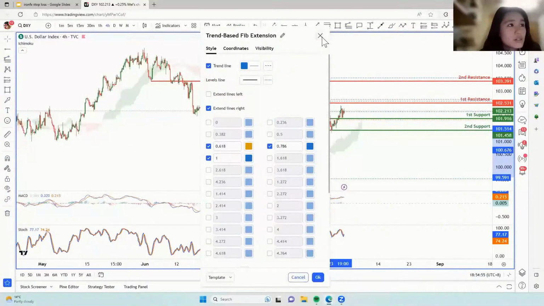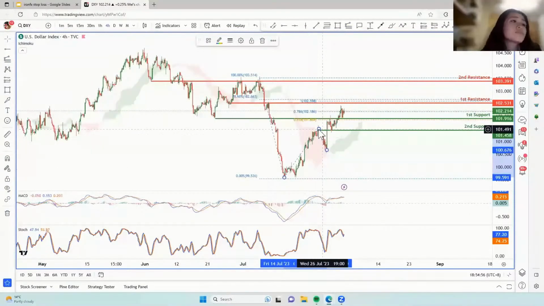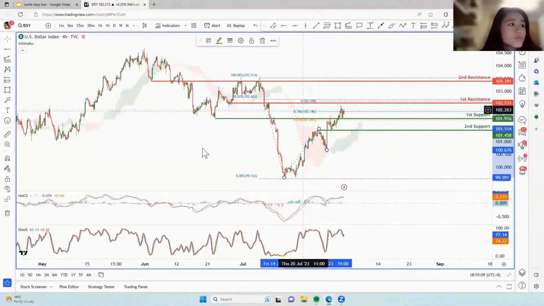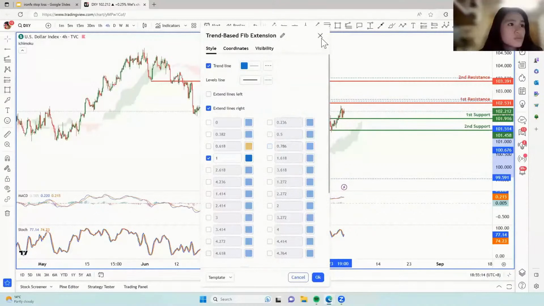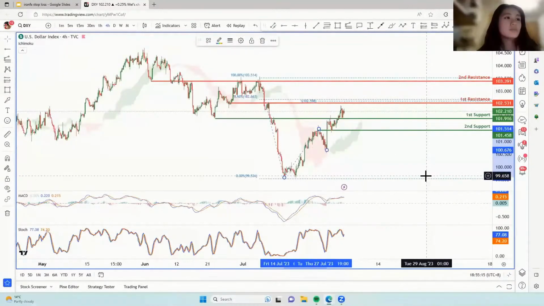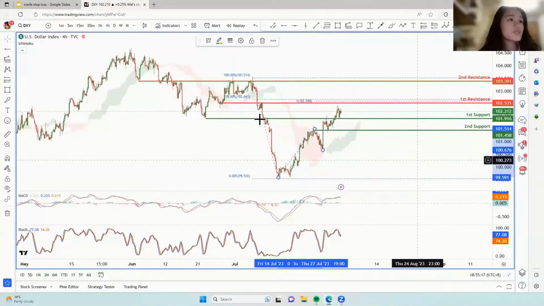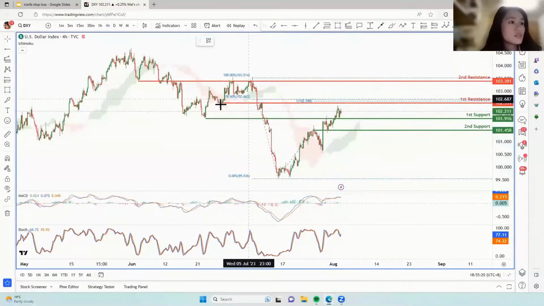So I'm just going to check. Okay, and price has surpassed our 61.8. So this is no longer valid, even though it lines up with our first support. But our 100% lines up with our first resistance. So I'll be keeping that as well. Okay, so this is a significant area for us to take note of.